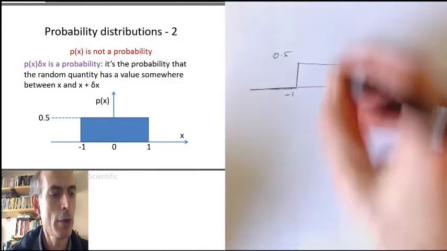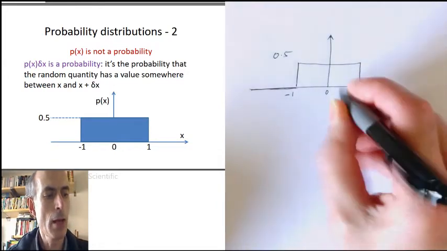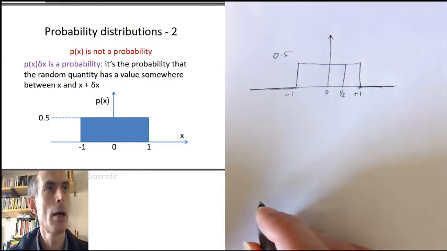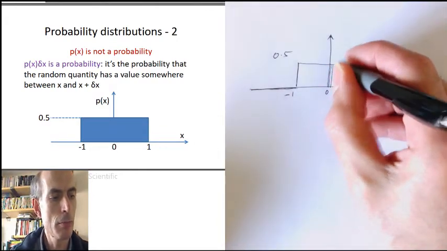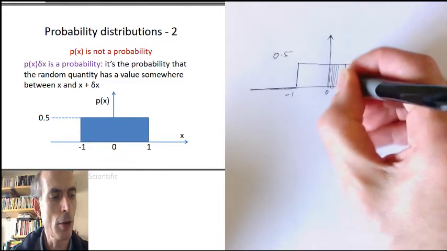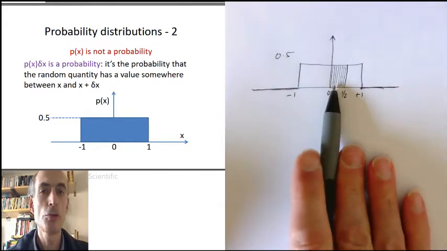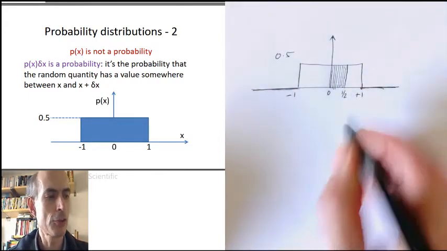Well, if we're interested in the probability that x is between 0 and 1/2, this point here, then what we've got to do is divide up this region between 0 and a half into a lot of small subregions, each of which has a width of delta x.